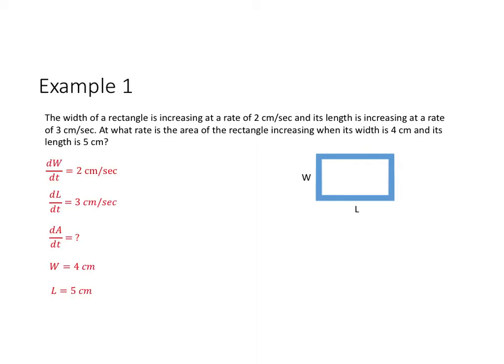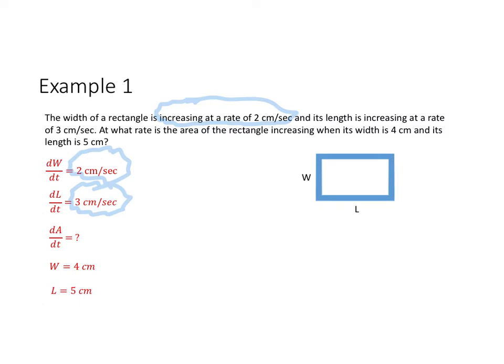Next, we were asked to put down what we know. All right, so we know the width is increasing, okay, at a rate of 2 centimeters per second. So dw/dt is 2 centimeters per second. Its length is increasing at a rate of 3 centimeters per second. So therefore, dl/dt is equal to 3 centimeters per second.